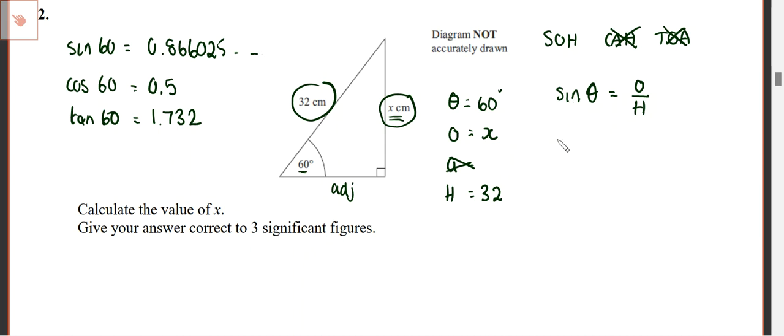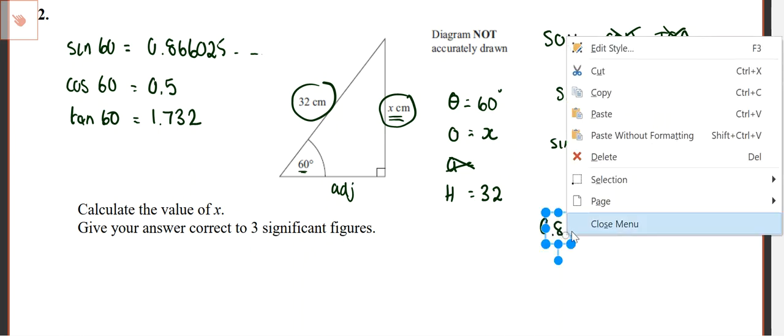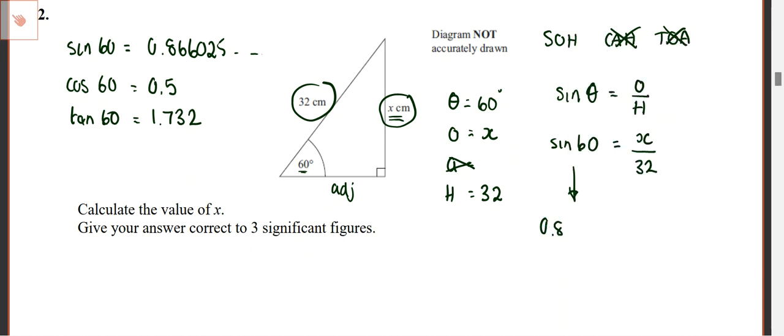So now I'm going to do the sine of 60 is equal to, opposite is x divided by hypotenuse, which is 32. I already know that the sine of 60 is 0.86025. That equals x divided by 32.